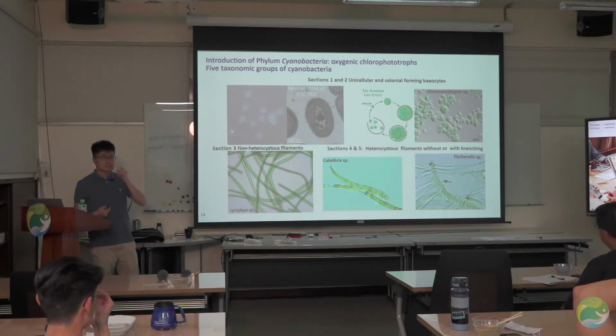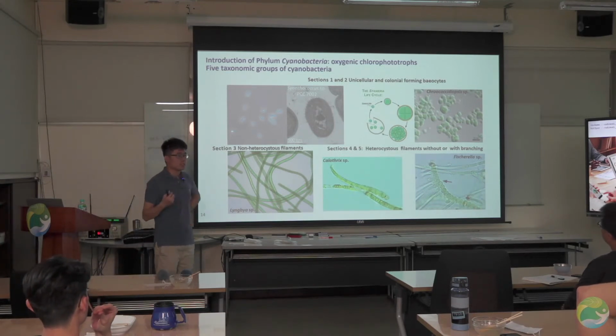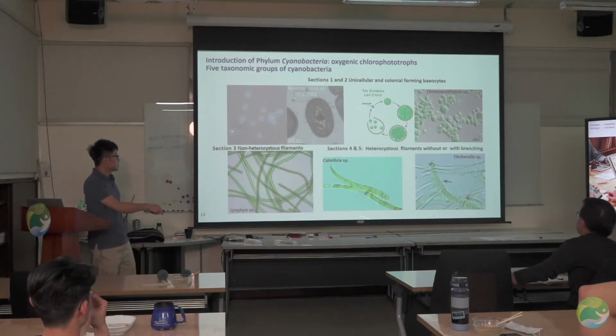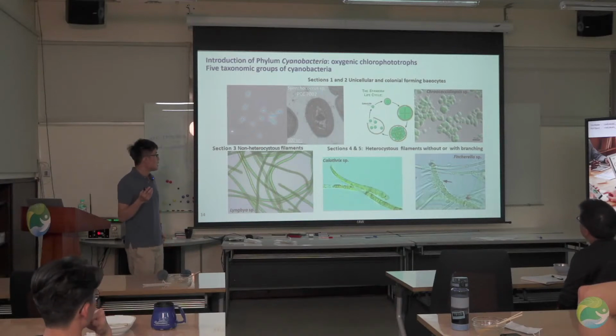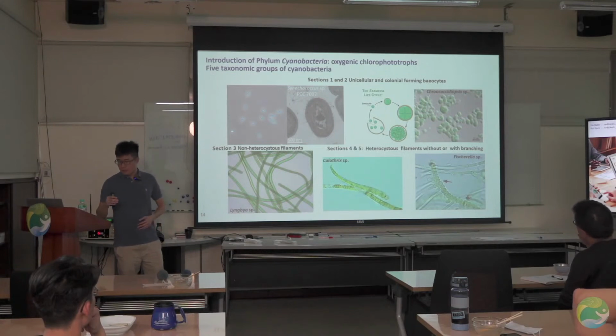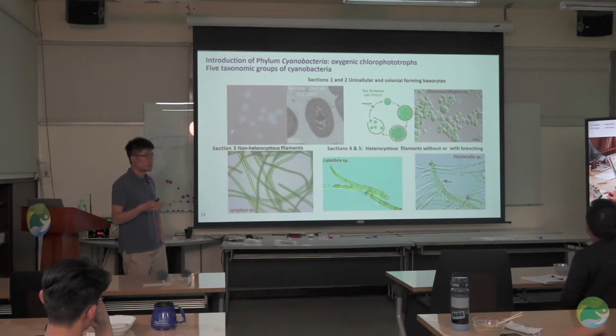A heterocyst is a specialized cell that allows cyanobacteria to fix nitrogen from the atmosphere. So for this kind of cyanobacteria, they fix both carbon dioxide and nitrogen from the atmosphere. They can largely feed from the atmosphere by themselves.